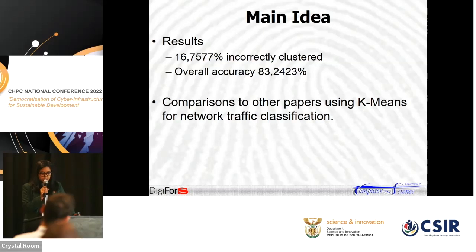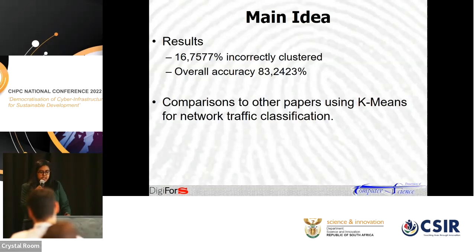Papers which also made use of k-means clustering. In the first paper, published in 2007, the unsupervised k-means algorithm was tested on multiple network traffic datasets to analyze its effectiveness and performance. According to their experimental findings, the algorithm achieved an overall accuracy of up to 80%.